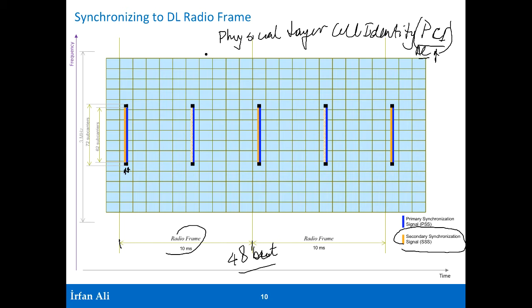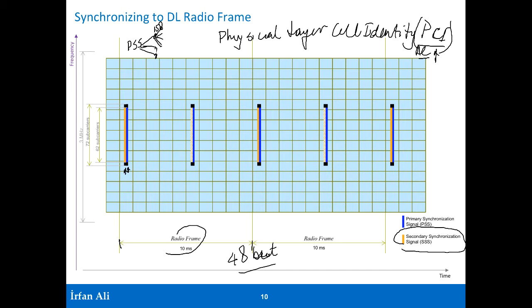The way the physical cell identities turn out is that your PSS gives you one of three values for part of your cell identity. So from your PSS you figure out whether your physical cell identity group is 0, 1 or 2, and then your SSS gives out which identity is present among 158 of the values that can be taken.